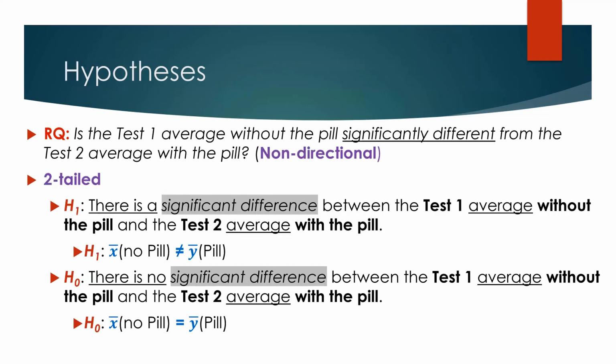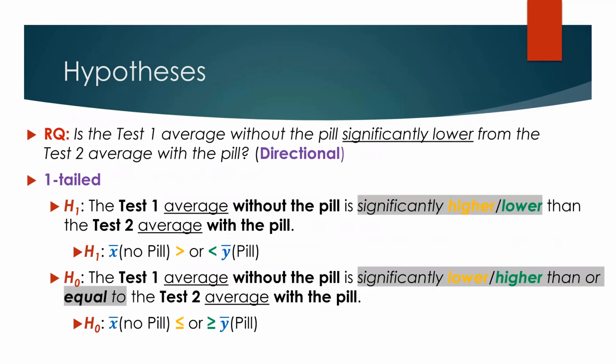Now we have our hypotheses. This is what it would be phrased like if it was non-directional. So it's just like it was with the independent samples t-test. You have non-directional hypotheses here if that was the case. But our question is directional. Is the test 1 average without the pill significantly lower than the test 2 average with the pill? So it's directional.